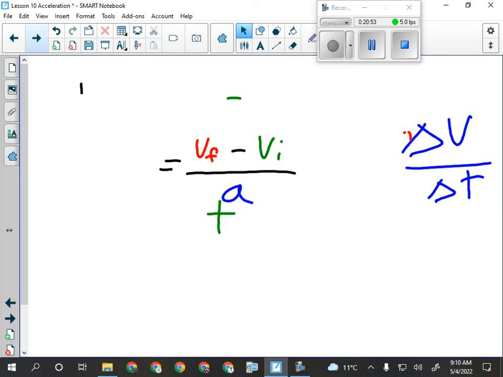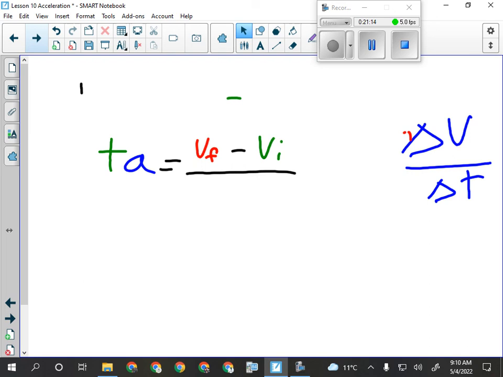Okay? I want to solve for VF. Would you multiply by t? Yep, on the other side, and then add v.